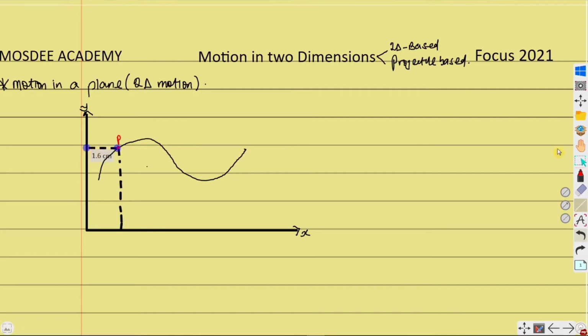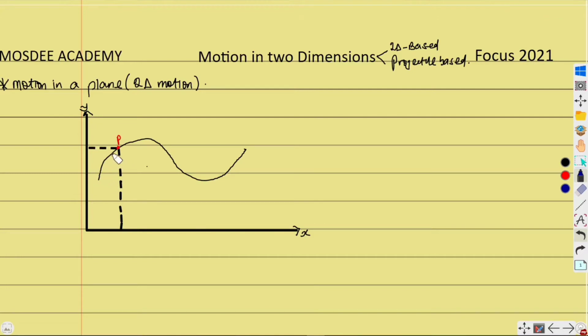Again, not drawn to scale. So here we say the motion of a body along the x and y axes, inside a plane, is called motion in two dimensions. So if particle P is moving, we have different values of motion along the x and along the y axis.